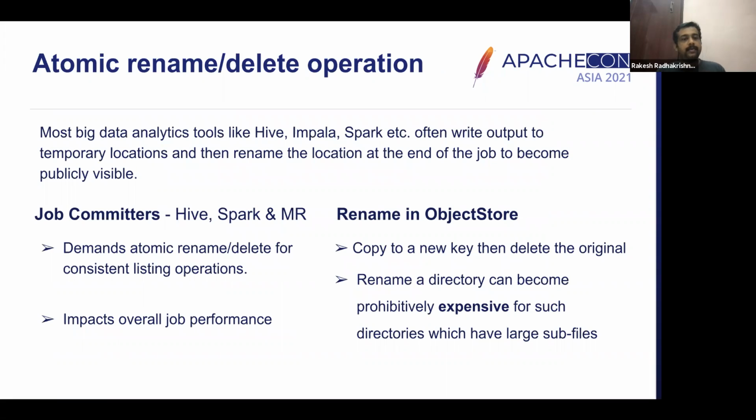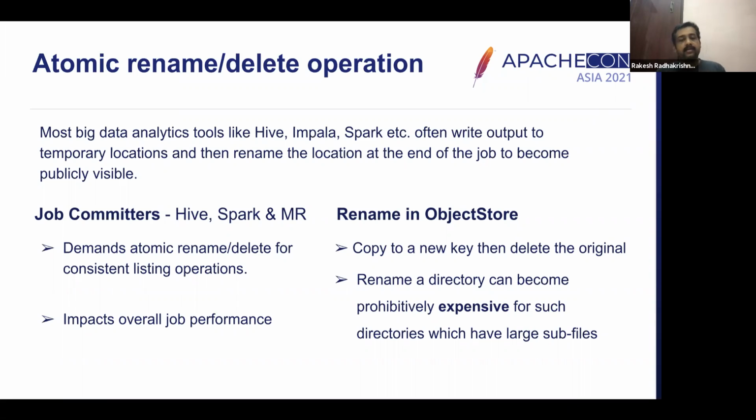Now if you look at big data analytics tools like Hive, Impala, and Spark, they often write output to temporary locations during execution, and finally it becomes visible to the job committers. During execution, directory rename is a mechanism widely used to commit the work of a task or a job.